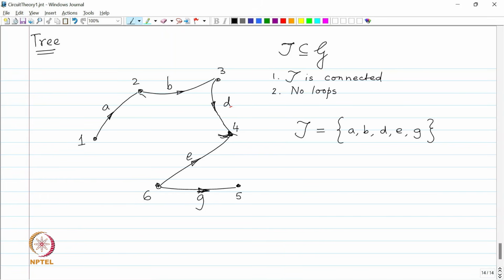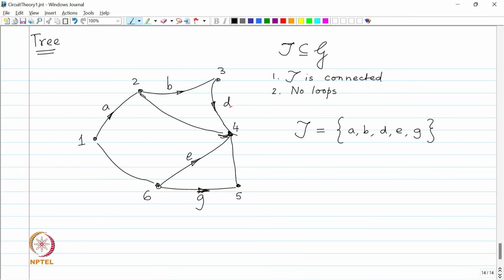You have understood what is a tree? Is the tree unique? No, it is not unique at all. We could have cut out other things also, right. Yeah, we could have deleted other things.